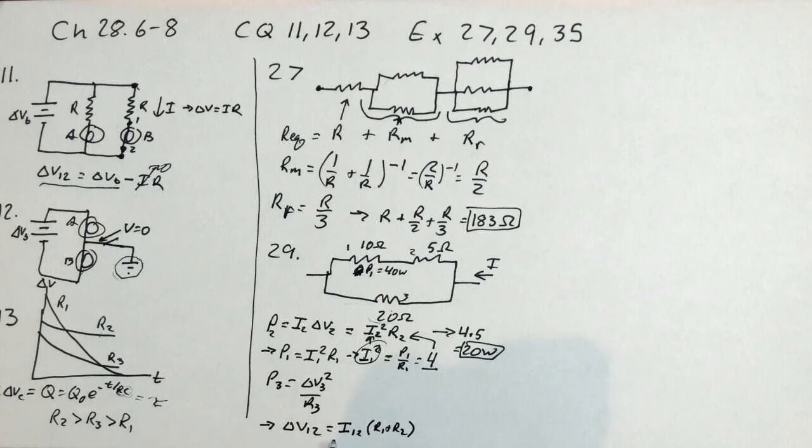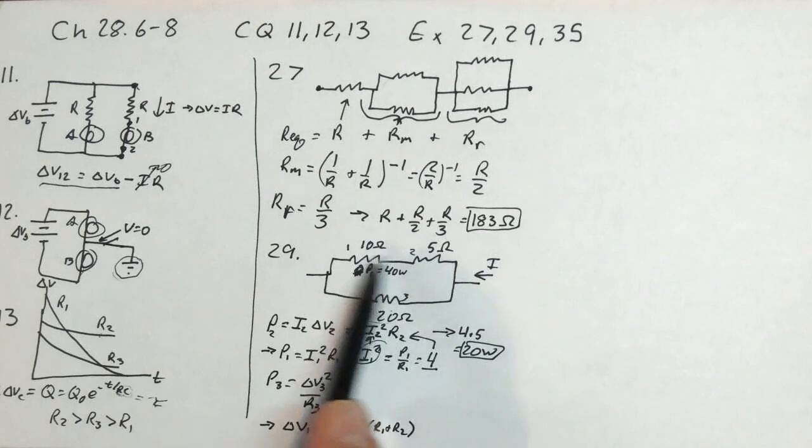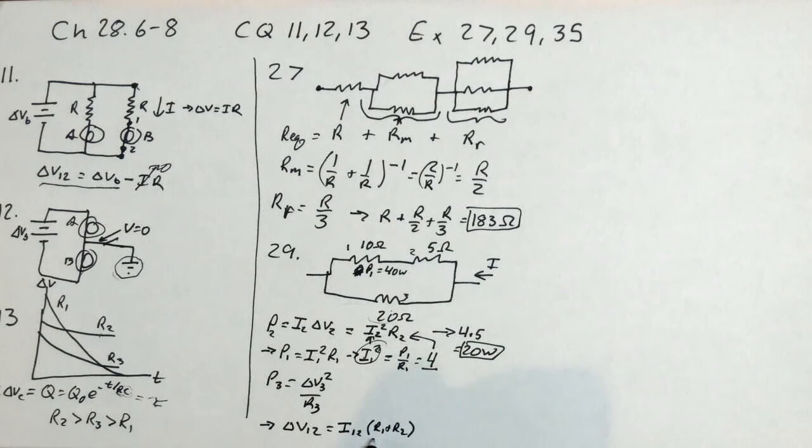That's the potential across the top leg because they're in series, so the resistances add. And with that, I can calculate delta V12. I get 30 volts. Plugging that into here, I get 30 volts squared divided by 20 gives me 45 watts.